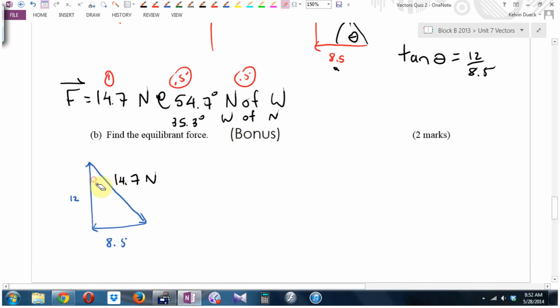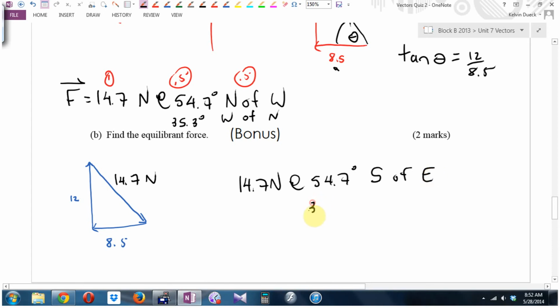The short version is this. It's going to be 14.7 newtons at an angle of 54.7 degrees, but instead of north of west, south of east. That's the opposite. That's the negative canceling out force.